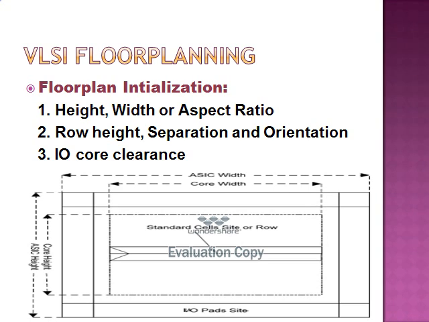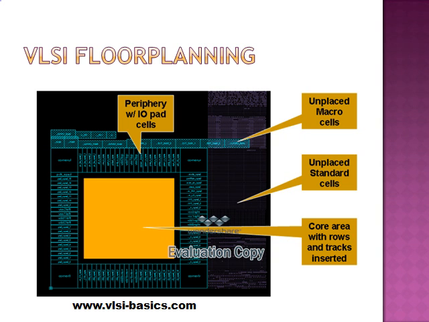The third step is set IO core clearances. IO core clearance is the space from the core boundary to the design boundary, which is occupied by IOs or IO pins.